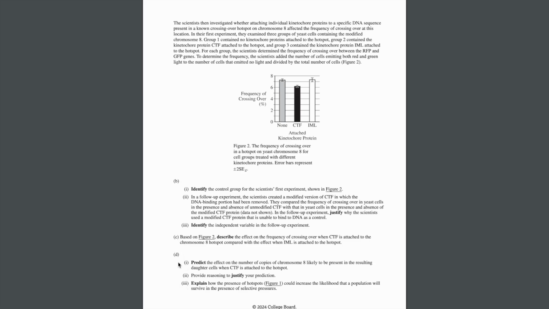Moving on to D3. D3 is asking us to explain how the presence of hotspots shown in figure 1 can increase the likelihood that a population will survive in the presence of selective pressures. The presence of hotspots increases genetic variation by promoting more frequent crossing over and recombination in specific regions of chromosomes.